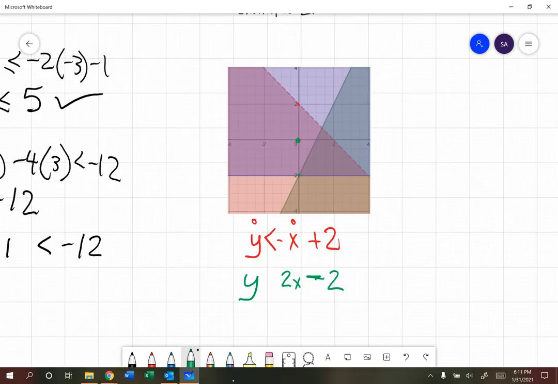So if I put a 0 in for y and a 0 in for x, I have a negative 2. Well, if we wanted it to be true, it would be 0 is greater than negative 2, but we want it to be false. So 0 is not less than negative 2. And of course, it has a line underneath because that's a solid line.